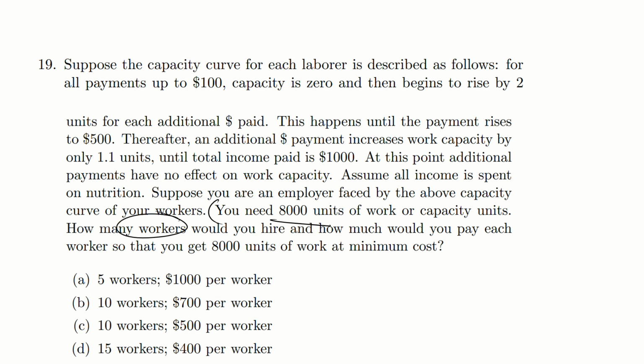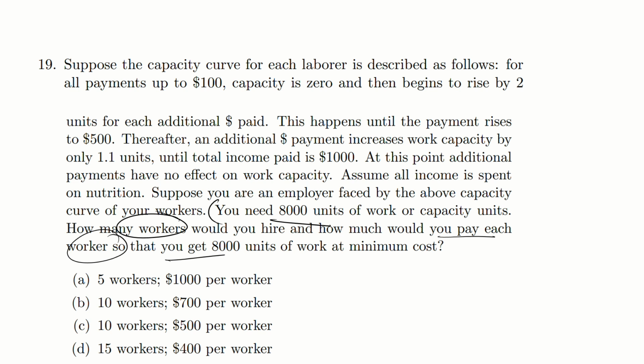How many workers would you hire and how much would you pay each worker so that you get 8,000 units of work at the minimum cost? It means your capacity would be 8,000. That is fixed. So how much you should pay for that? That is the question.